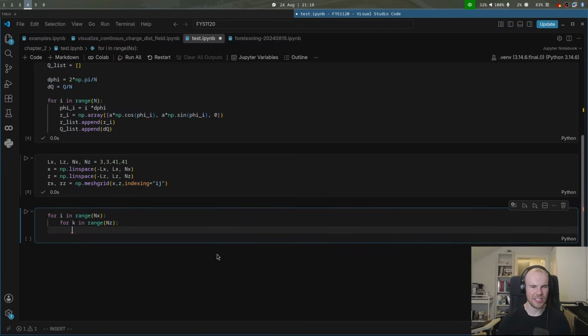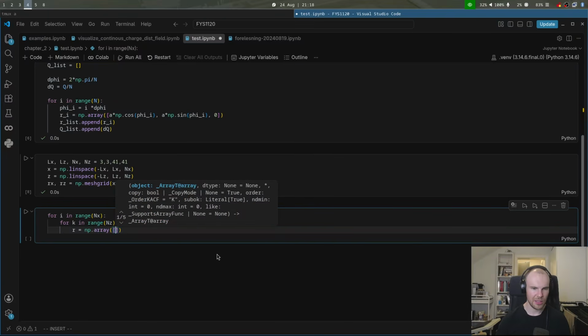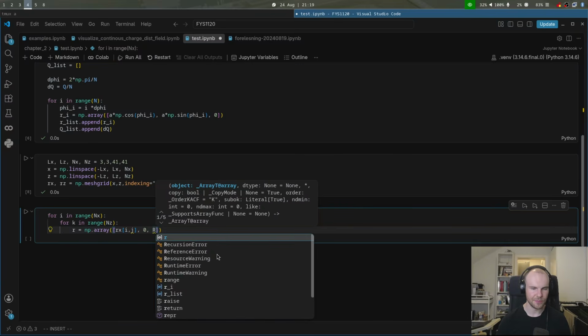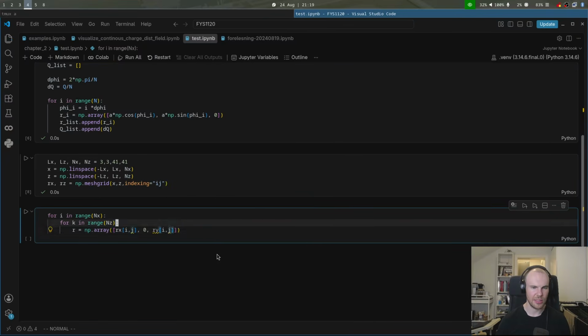Then we could say that our r vector is equal to np dot array, and the first coordinate is rx ij, the second coordinate is 0, and then we have rz ij. That should work, shouldn't it? We're skipping y because this will just be a plane, and this will be exactly the same for y. That's why you will see it in the graph.